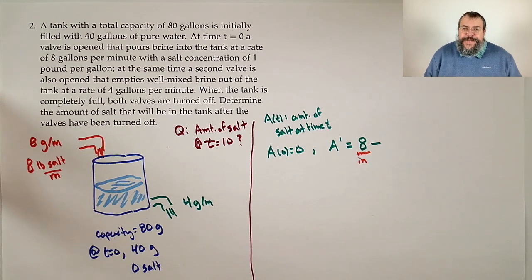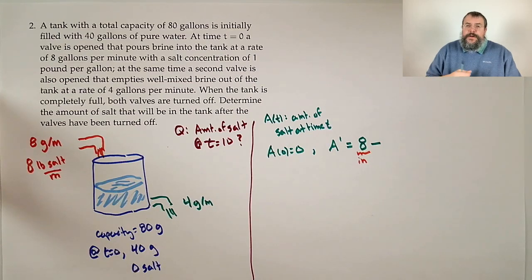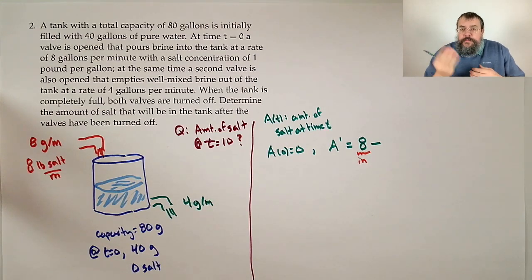Now, what's going on here with this second valve? Well, notice we didn't talk about how much salt leaves per minute. We said 4 gallons leaves per minute, and it's well mixed. So that means, however much salt there is, we take that proportion out. But what's the right proportion?